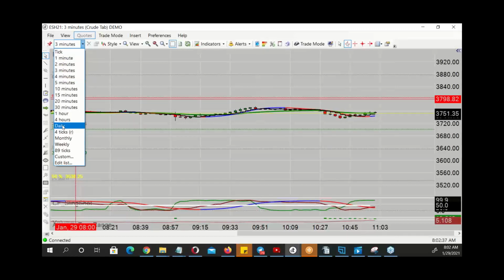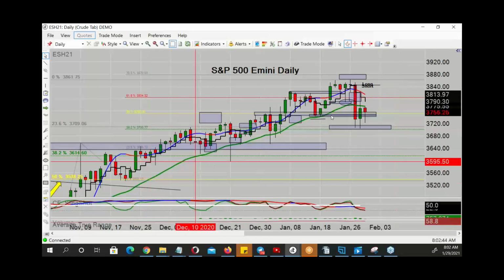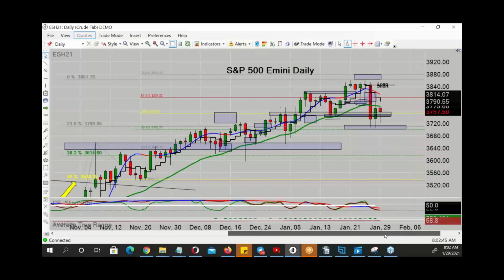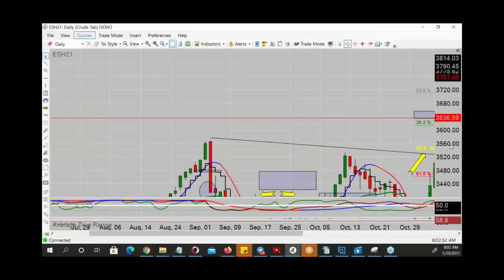Our strategy methodology is not heavily dependent upon indicators. This green line that you see, that's called the BBC. That just stands for bull bear cross.